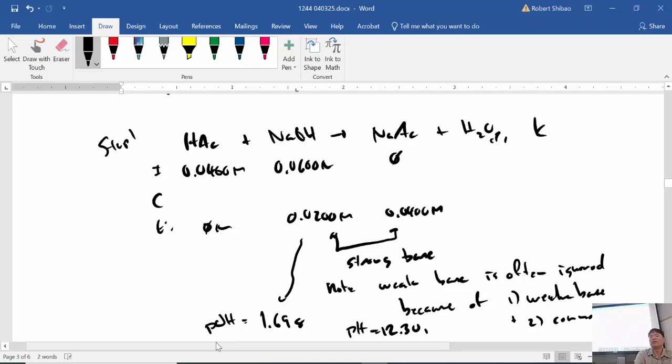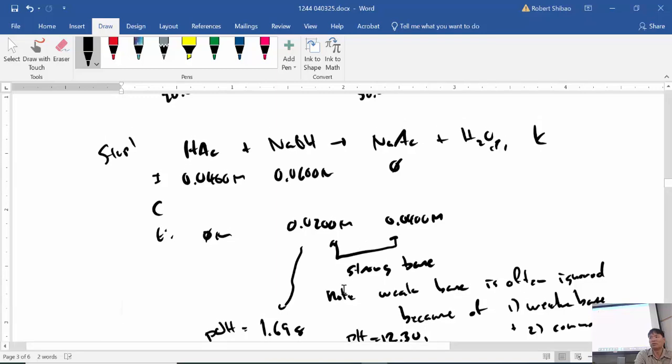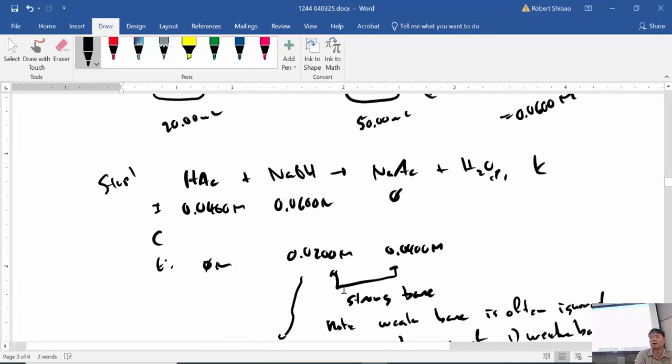At a pH of 12.3, the strong base is dominant here. The weak base wouldn't have an impact, and for sure Kw wouldn't have an impact. If you're ever uncertain, then go ahead and do step 2, which would be the weak base contributing, and then step 3, which would be Kw contributing. Does that make sense? Okay.